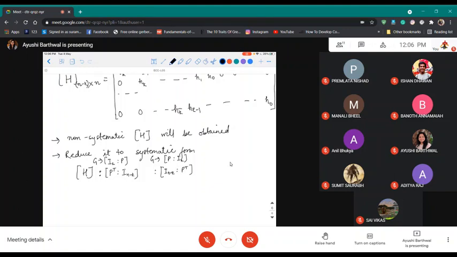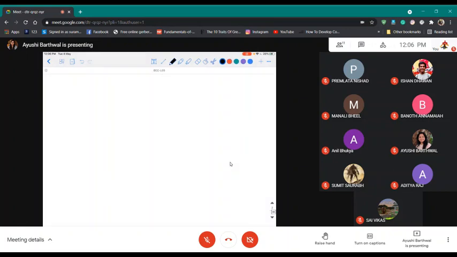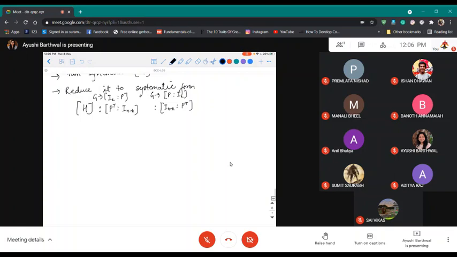Now let's solve one numerical for better understanding. So let us take the common generator polynomial that was 1 plus x cube.